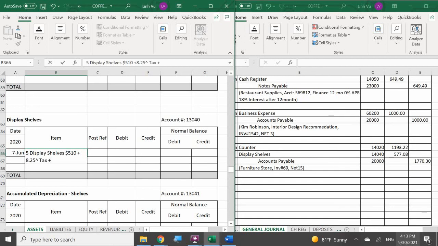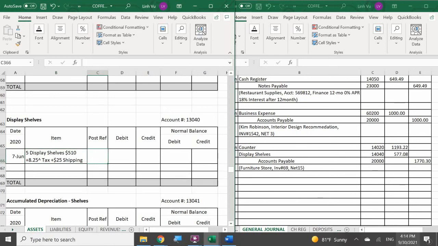Plus, I also had $25 for shipping. So in this case, general journal number 2, and we got it for $577.08. Good.